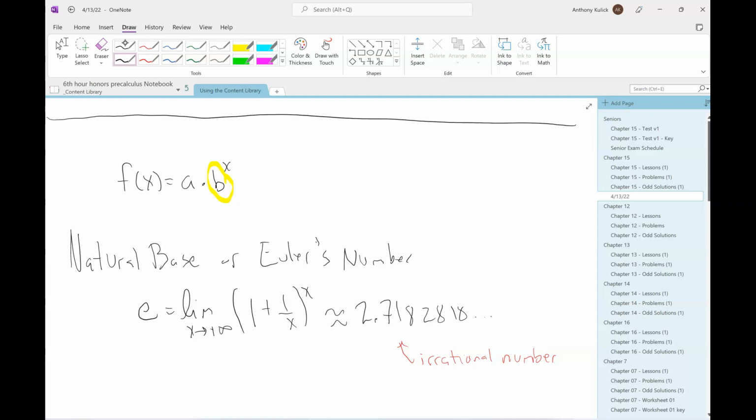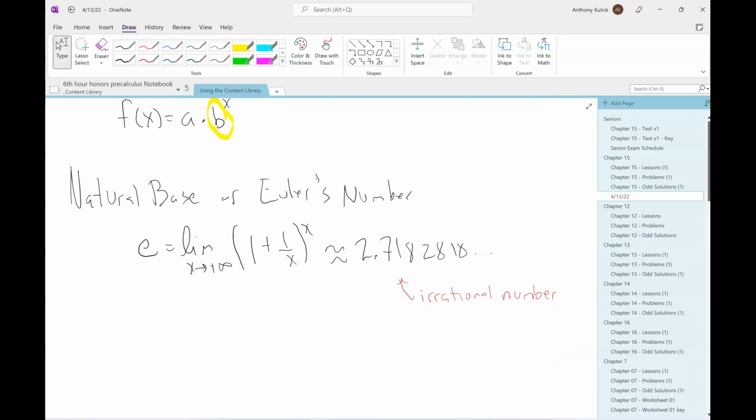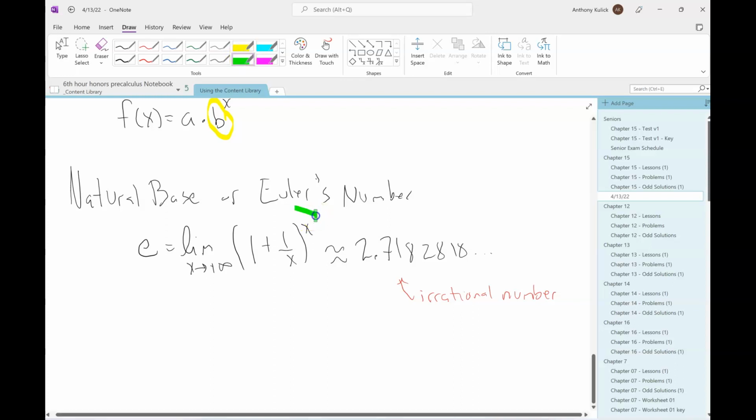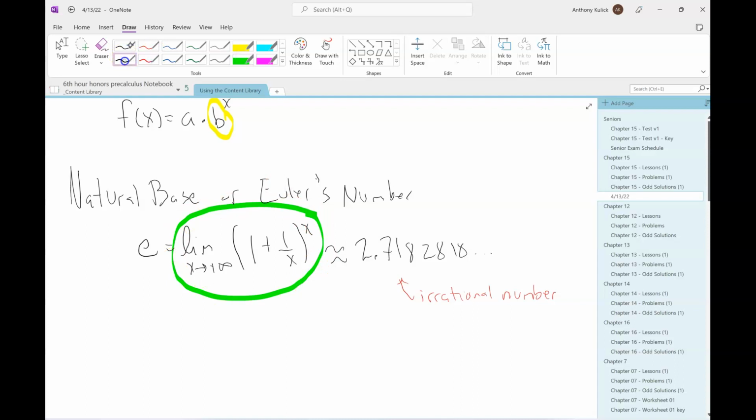And this Euler's number seems like an odd thing, like, why this? It turns out that this number pops up unexpectedly a lot in natural phenomena. We'll look a little bit later at where the inspiration for this comes from.